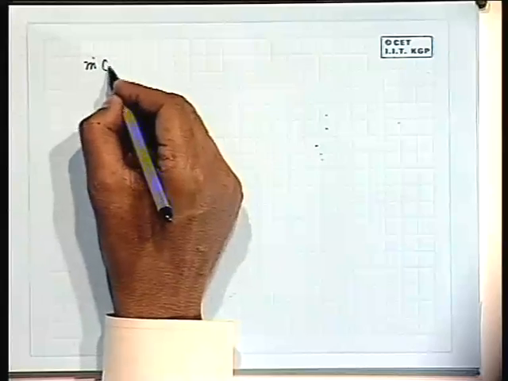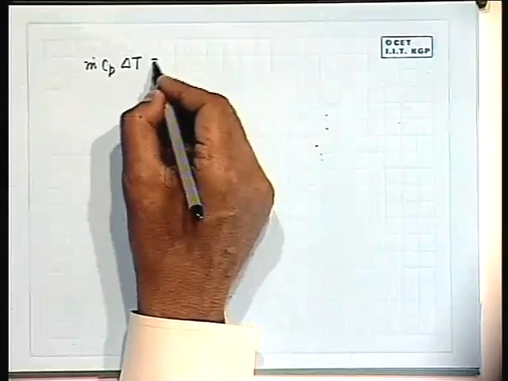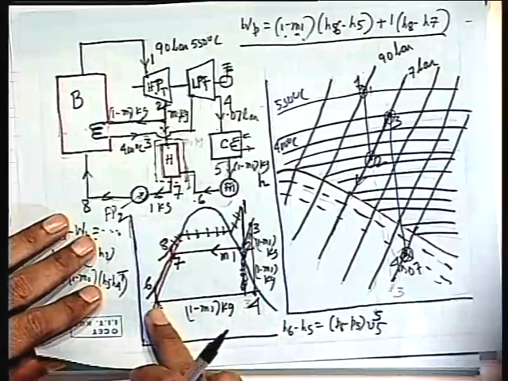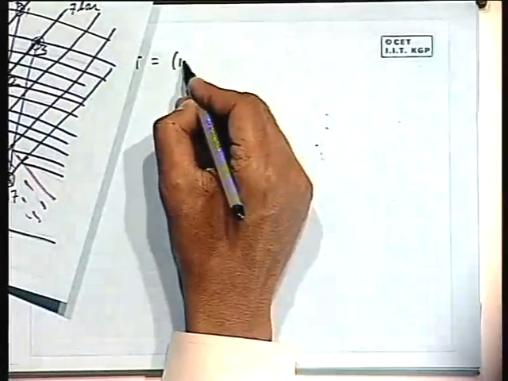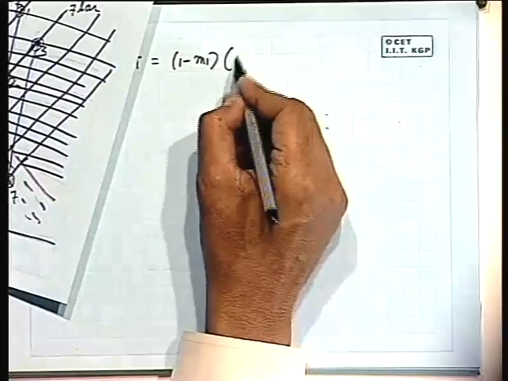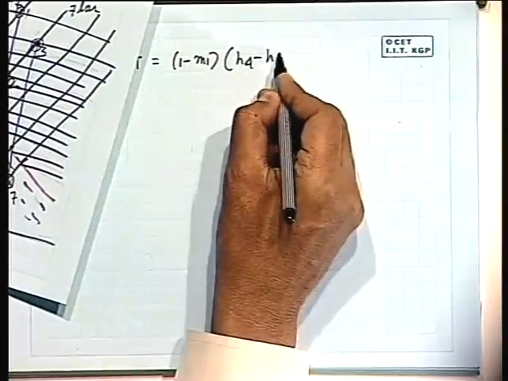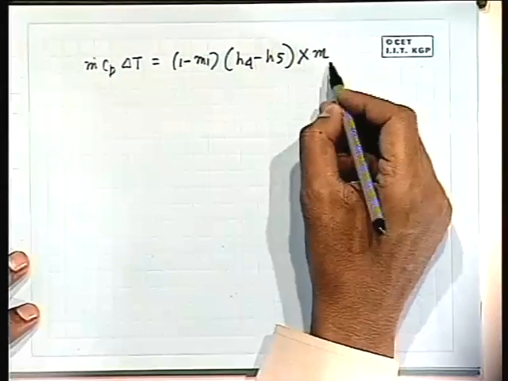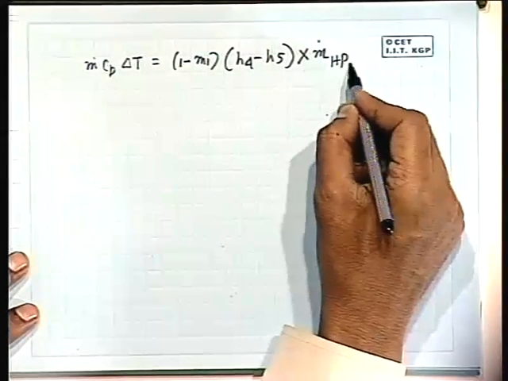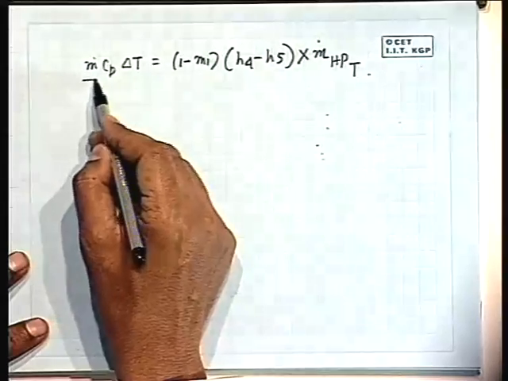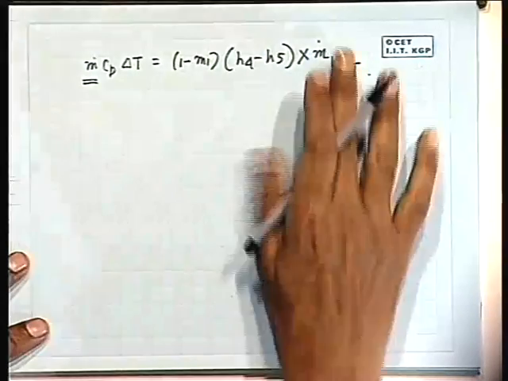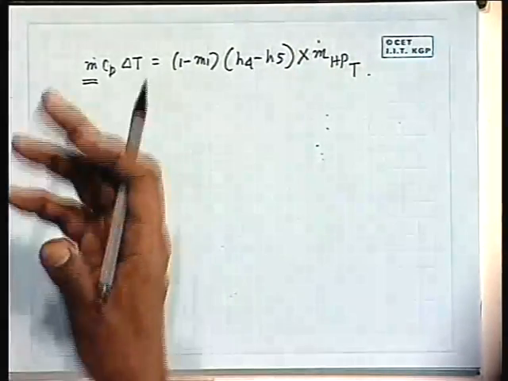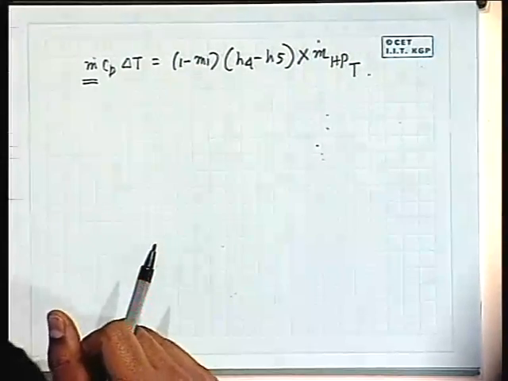M dot into Cp into delta T, which is 10 degree, equals H4 minus H5 into 1 minus M1, into the mass flow rate of the HP turbine. Because I have to find the mass flow rate of the cooling water. Otherwise, if you suppress it, the result will be the mass flow rate of the cooling water per unit steam flowing through the HP turbine.